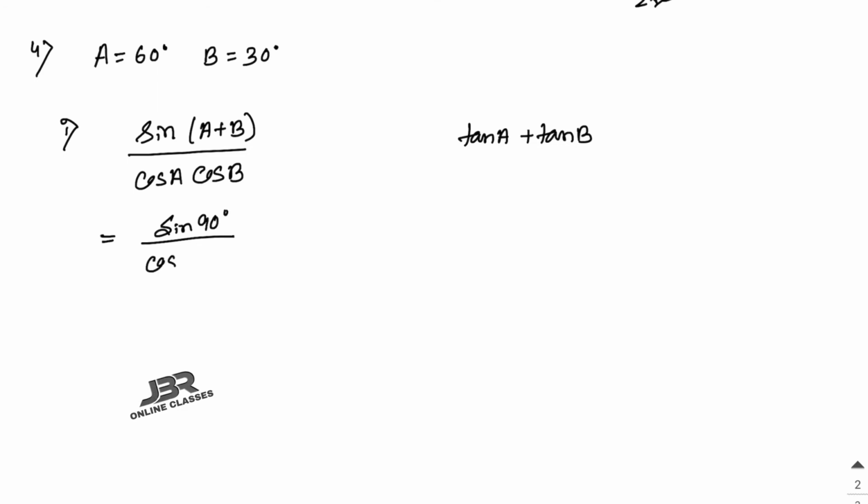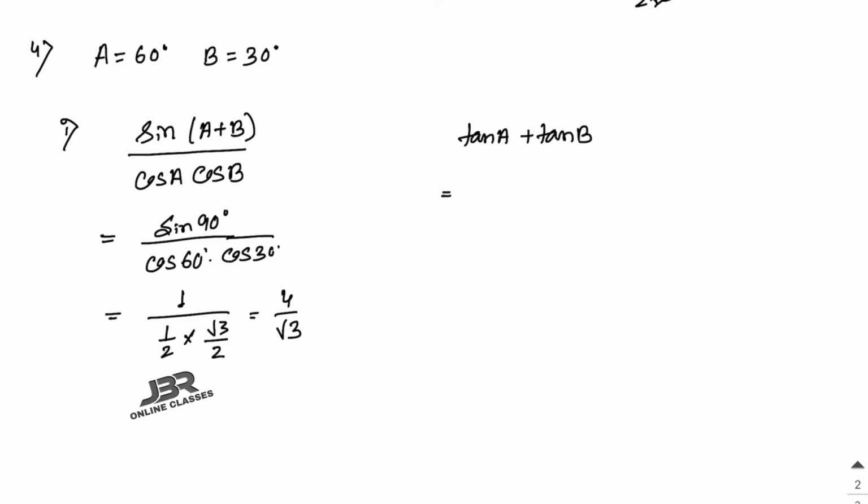Now cos A means cos 60 and cos B means cos 30. So sin 90 is equal to here 1, cos 60 equal to half, you know that, and cos 30 equal to here root 3 by 2. So that means here 4 by root 3.